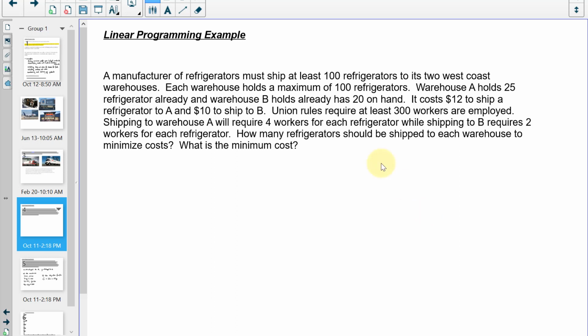Well, okay, first of all, union rules require at least 300 workers. That's kind of silly. How would you need 300 workers when these warehouses only hold 100 refrigerators? It just seems ridiculous. But this is the point that I'm making about how these problems are sort of realistic, but they're made up to be something that we can manage doing by hand in a way that works out neatly and simply and is meant to just illustrate what linear programming is about, but it's not a very realistic example.